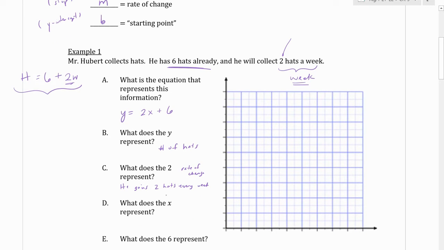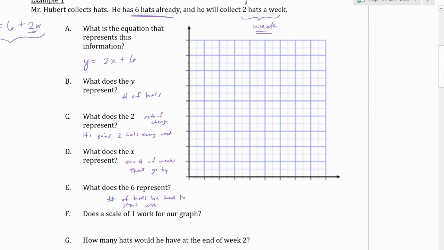The x is the number of weeks that pass. And 6 is the number of hats he had to start with.